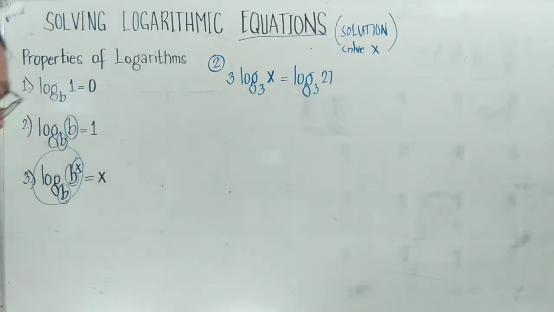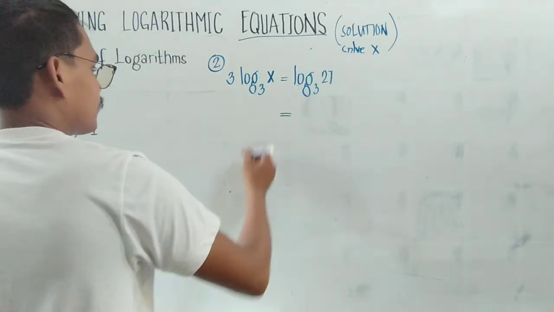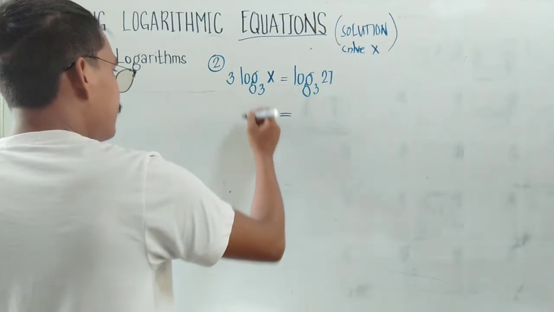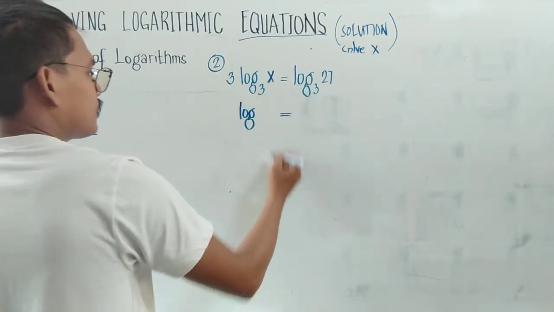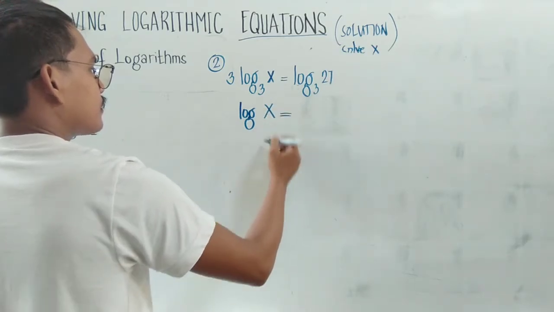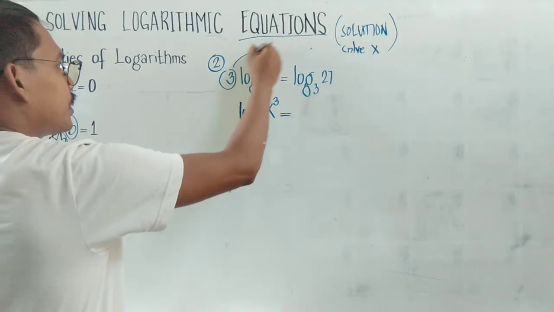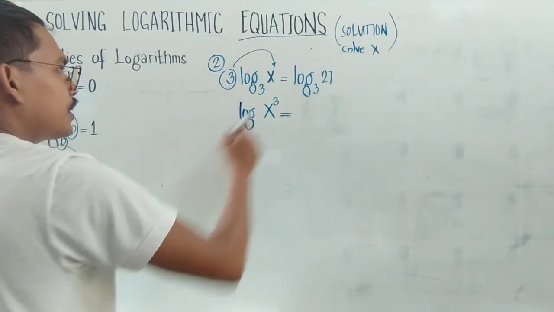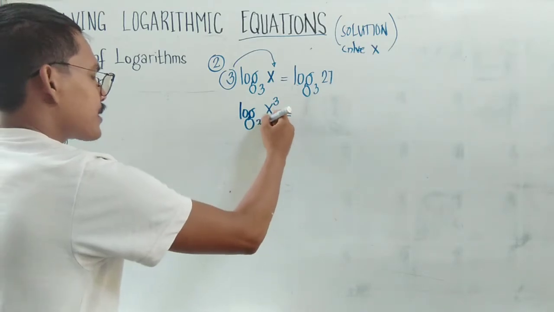Okay, so let us solve. Then we have log of x raised to 3. So 3 in here is transferred on the exponent of x. So we have log of x cubed base 3.